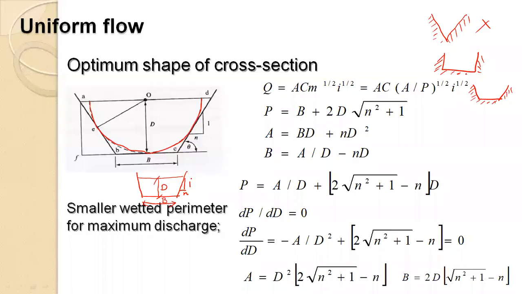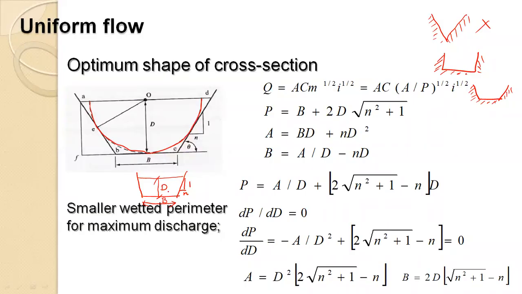Now with this one, I can basically define a trapezoidal section with a water level of capital D.